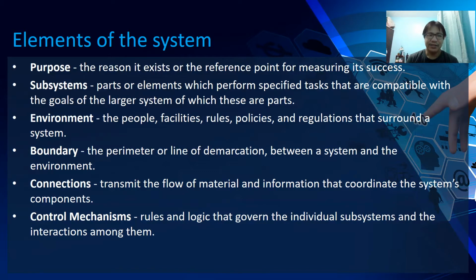The environment is all about people, facilities, rules, policies, and regulations that surround the system. So of course, when you are creating a system, you need to have people. The second one is the facility, the environment, the rules. You don't just create a system because you feel like creating one. You need to follow rules and ask permission, because you might violate the rules of a company, or touch data you shouldn't touch.